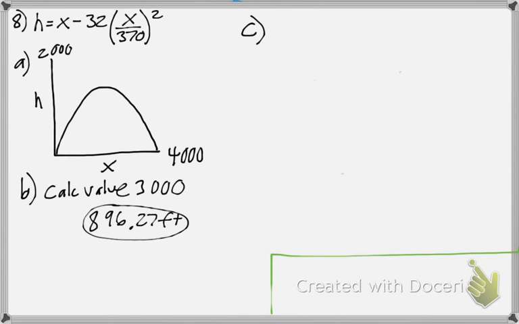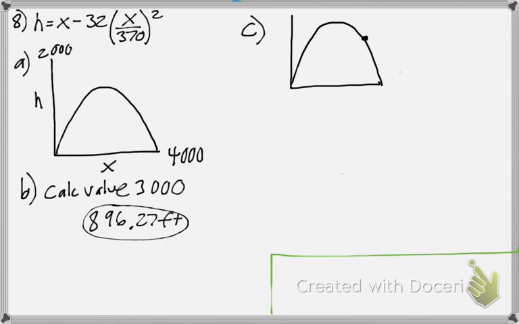Part C says by looking at the graph of H, determine when dH over dx is positive or negative at 3,000 feet downrange. So they want us to look at that same point that we were at and determine if the rate of change, if dH over dx, is positive or negative.